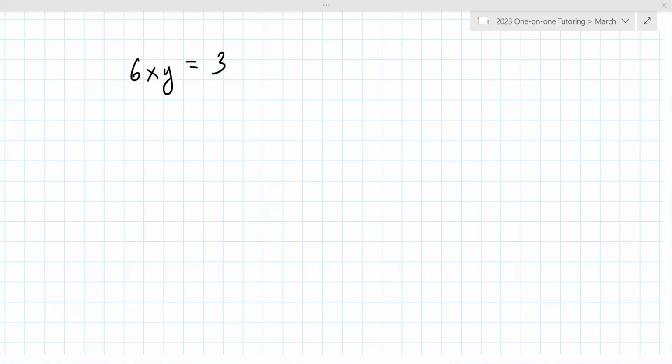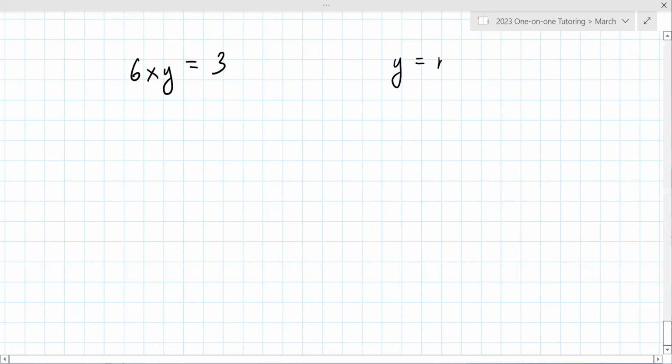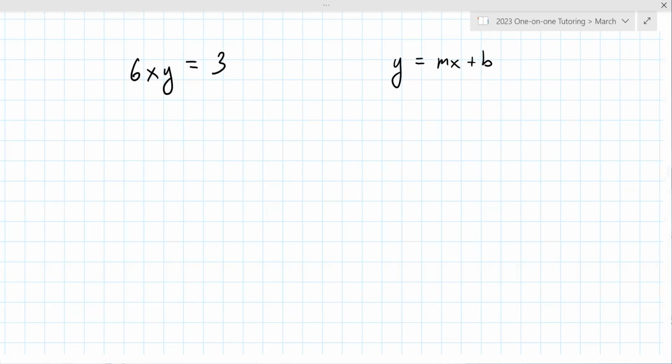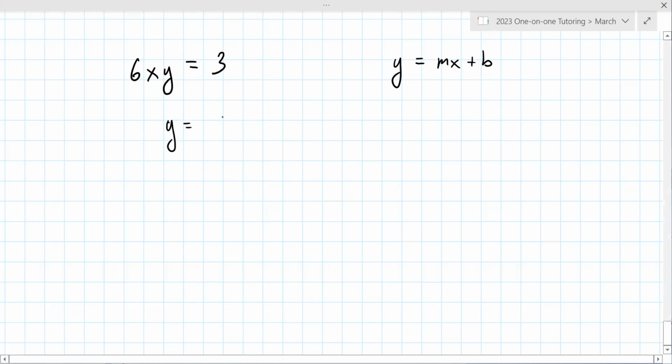No, that's not linear, right? If you solve for y, it has to have some sort of form like y equals mx plus b. So is this linear or not? I don't think so. If you divide both sides by 6x, do you see how x is in the denominator? That's in a bad spot.